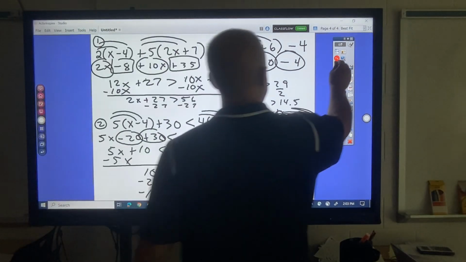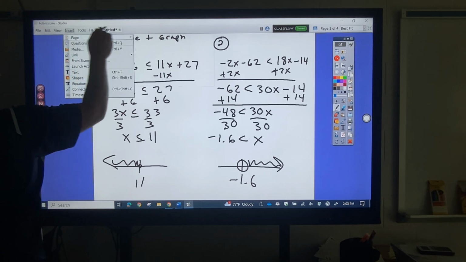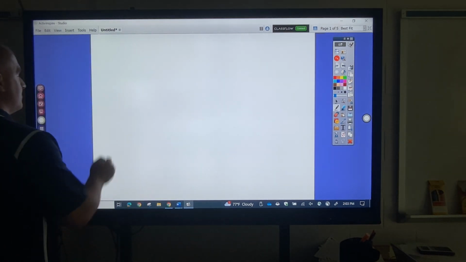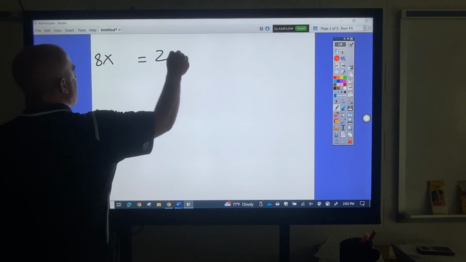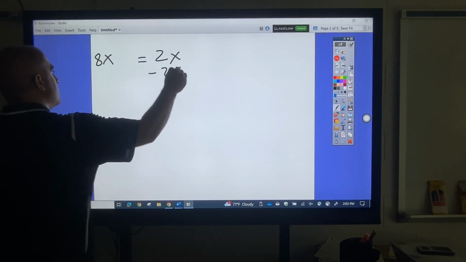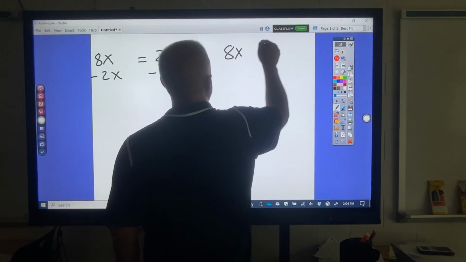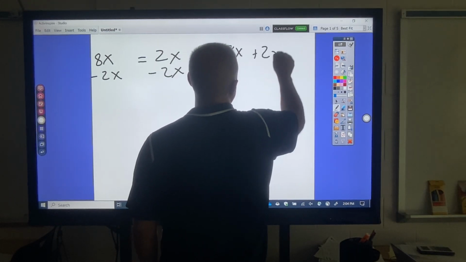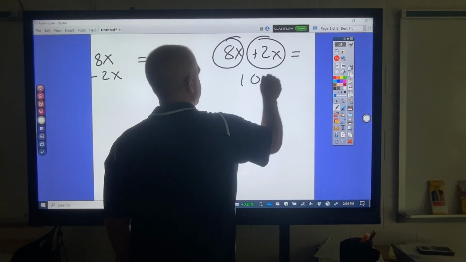Okay, so as a reminder, if you have variables on opposite sides, that's when you do the opposite operation. If you have variables on the same side, you type them in like you see them.